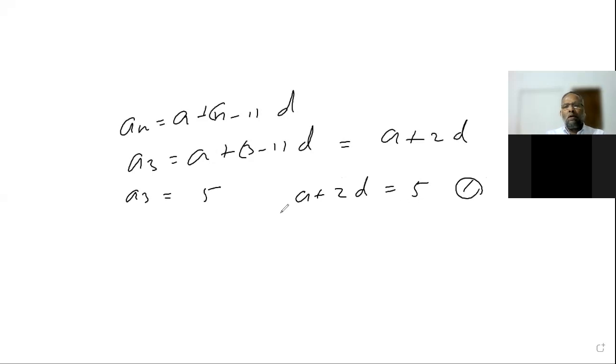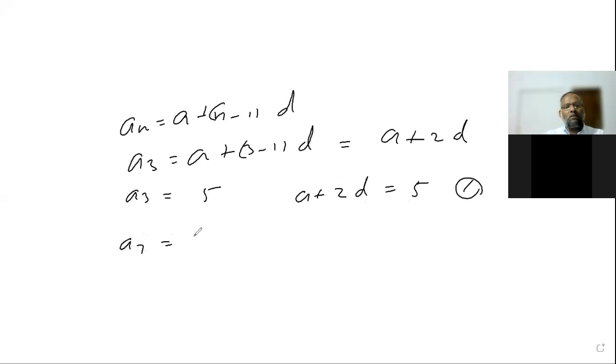Now we need one more equation because a and d we have to find out. We studied pair of linear equations in 2 variables, so one more equation is given there: the seventh term.